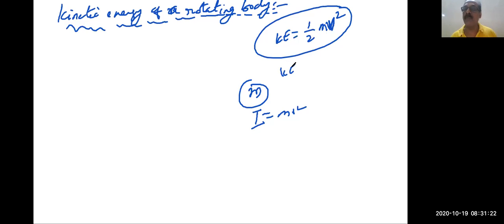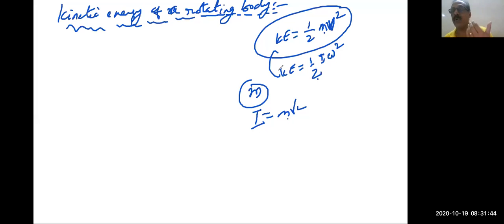Therefore, in rotational motion, the kinetic energy formula will be, instead of m, we write I, and instead of v, we write omega, angular speed, omega squared. This is what we are going to prove. So like this, you must be able to relate physical quantities in linear motion and physical quantities in rotational motion.